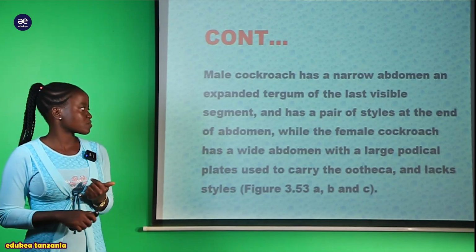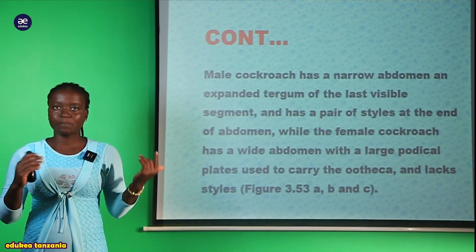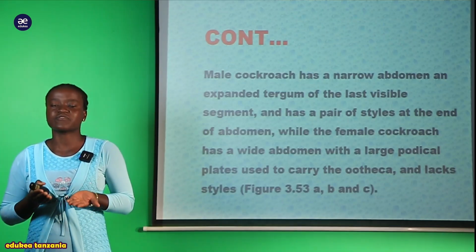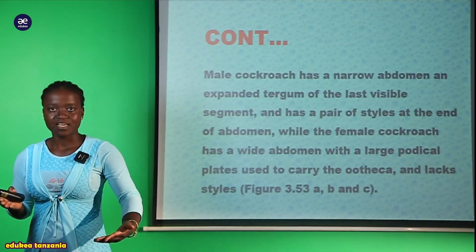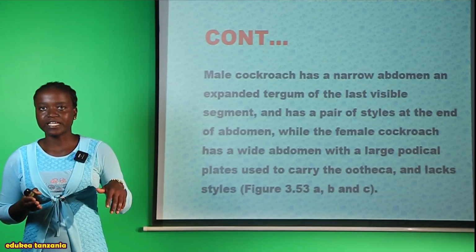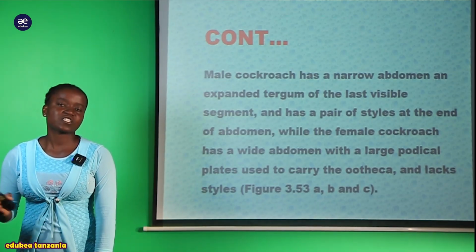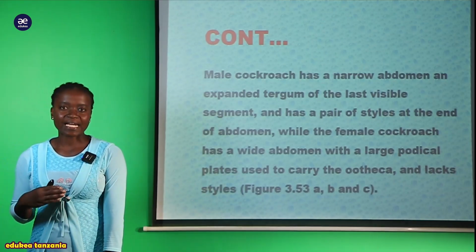And also tunasema kwamba kwenye their body they have a pedicle plate. Hii pedicle plate ndio ambayo inatumika kubeba ootheca. Ootheca are the eggs which are found within this organism, mainly female cockroach. But this organism, they lack a style. This female cockroach hawana style.